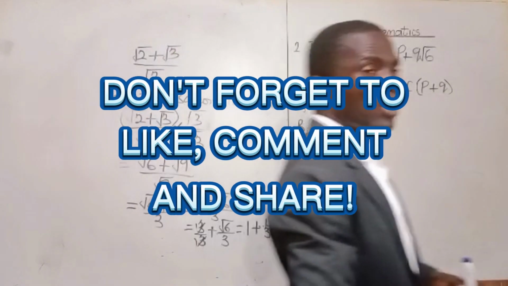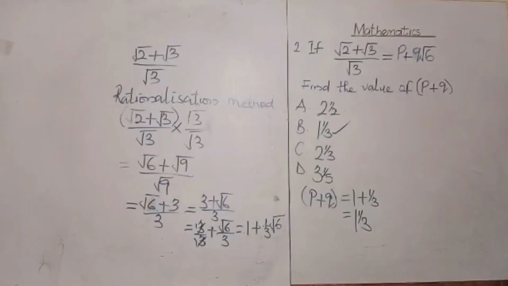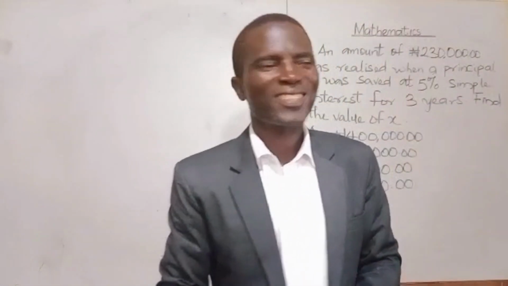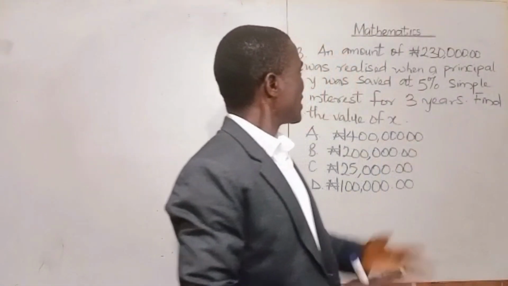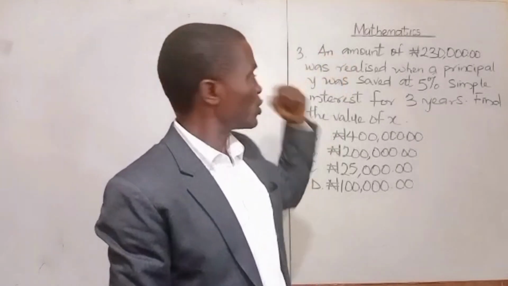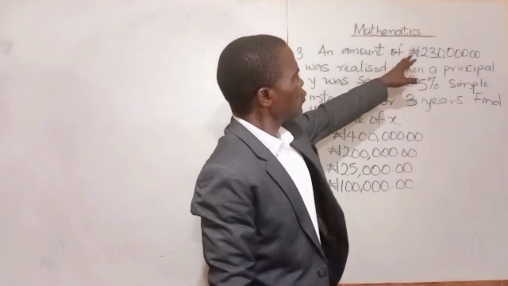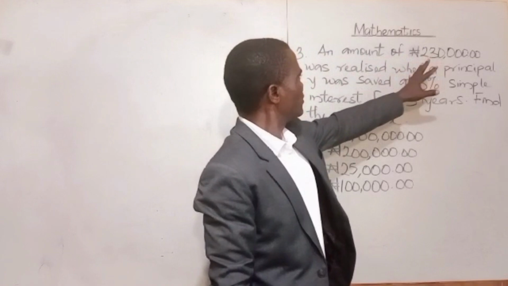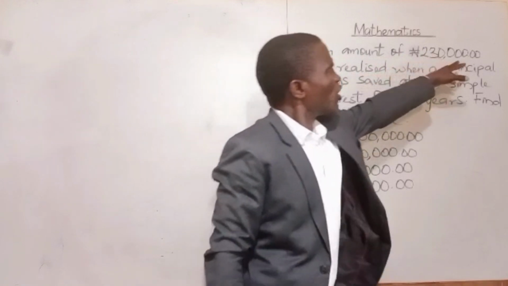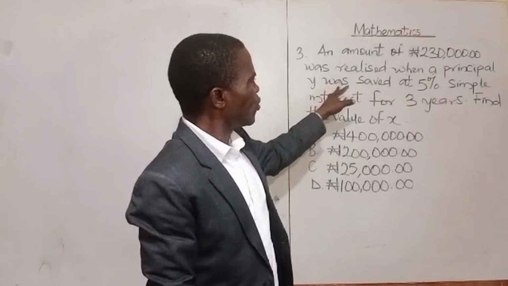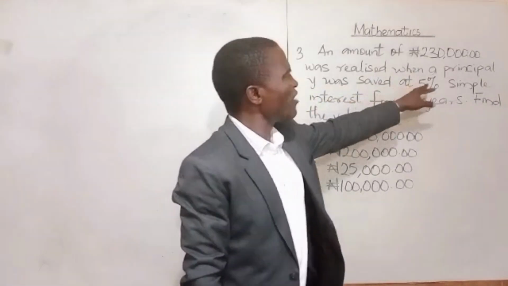Yes, we proceed now to example 3. This is example 3. This is also a WAEC past question. The question says an amount of 230,000 naira, 0 kobo, was realized when a principal Y was saved at 5% for 3 years.